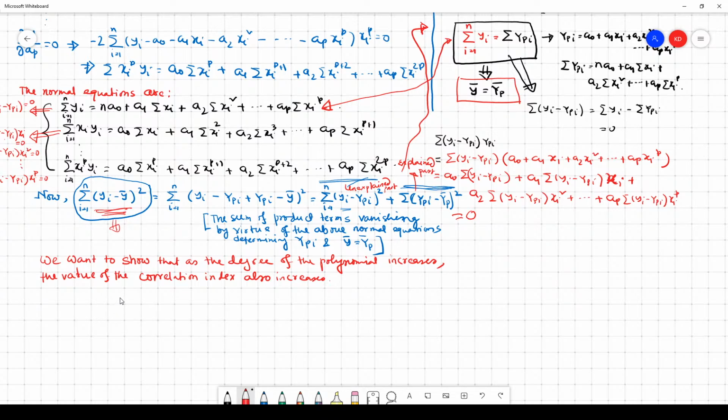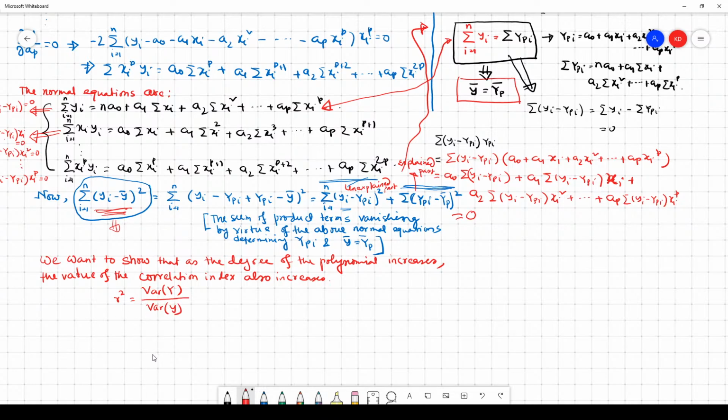Coefficient of determination is nothing but a ratio of two variances. The variance of capital Y, that means the variance of the explained part, where capital Y is a predicted value. So this is the variation due to the explained part, and this is the total variation.